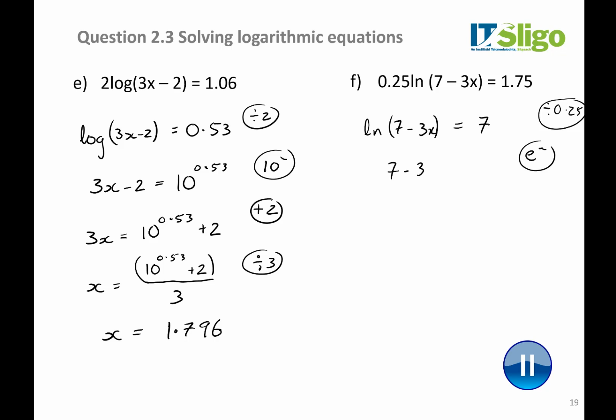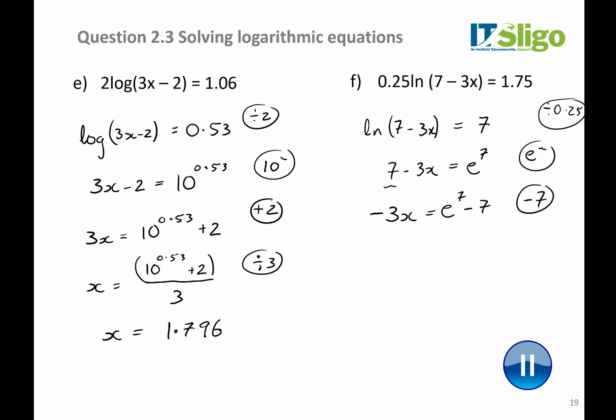That kills the natural log on the left. Again, don't reach for the calculator just yet. We're going to subtract 7 from both sides to move this. So we'll have minus 3x is equal to e to the power of 7 minus 7.